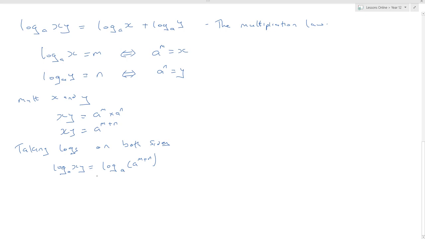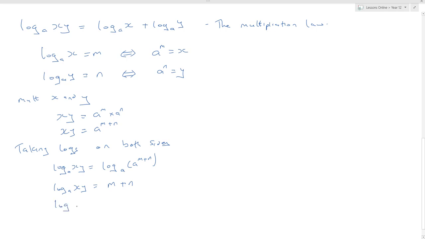Now earlier we looked at a property where we said if we have a base and a number raised to a power, then the solution for that is going to be the power. So that means that log to the base a of x times y is equal to m add n. So I can rewrite that.